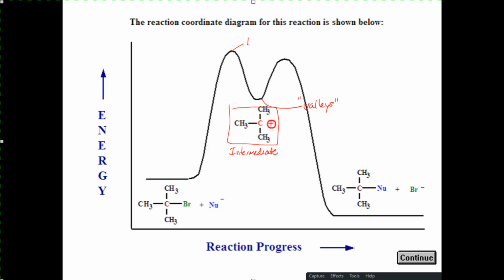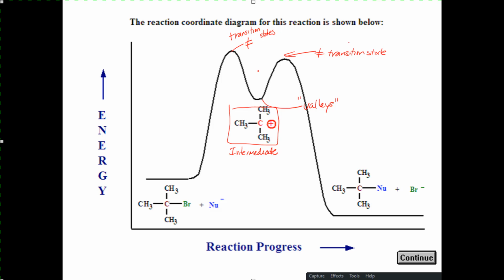Remember, the transition states, and that's the symbol for a transition state, are the peaks. So we have one transition state before we form the intermediate, and we have a second transition state for the formation of the final product.